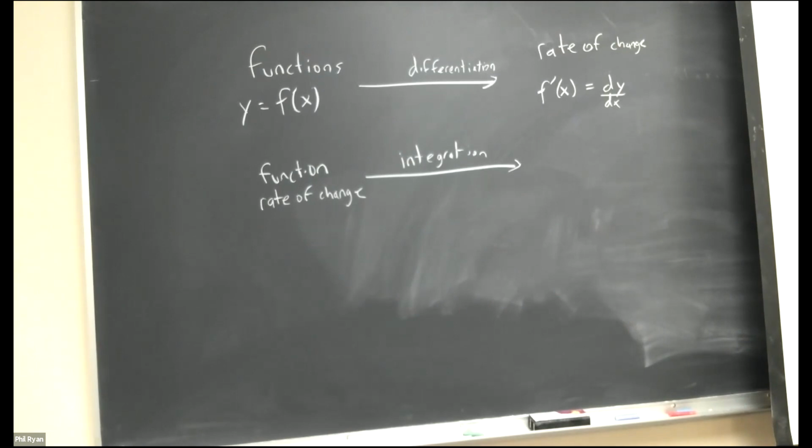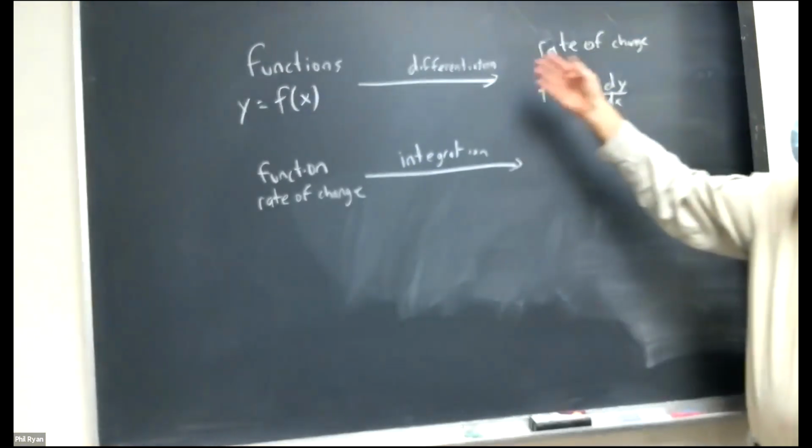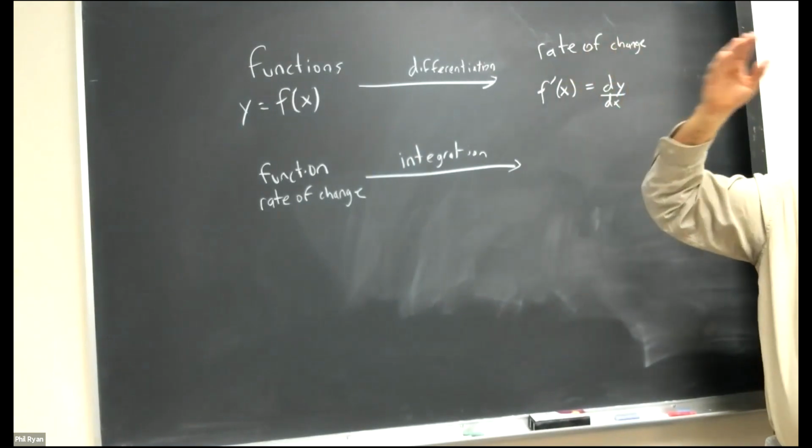If we have a function and we're looking at its rate of change, what is the relationship of the initial function to the rate of change? For example, we go from things like distance traveled to velocity.